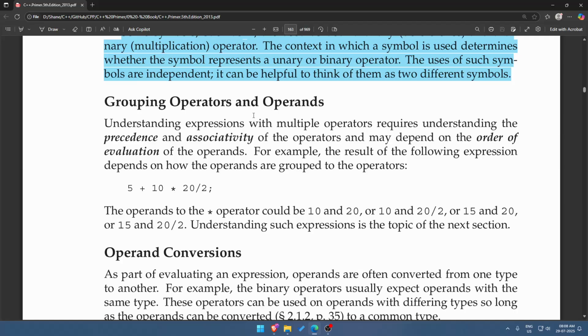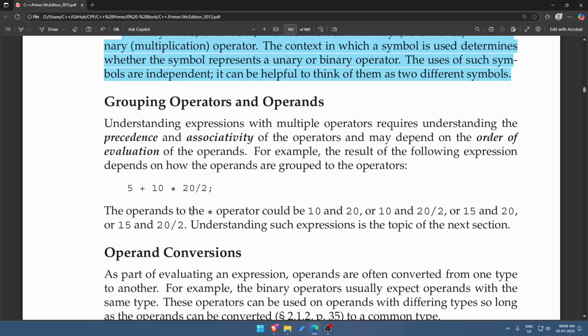Then we have grouping of operators and operands. Understanding expressions with multiple operators requires understanding the precedence and associativity of the operators, and may depend on the order of evaluation of the operands. For example, the result of the following expression depends on how the operands are grouped to the operator.